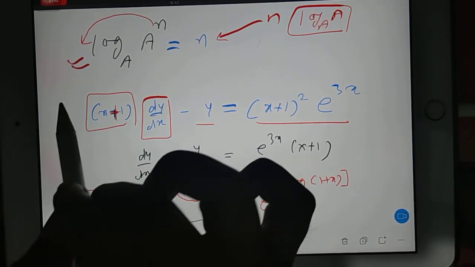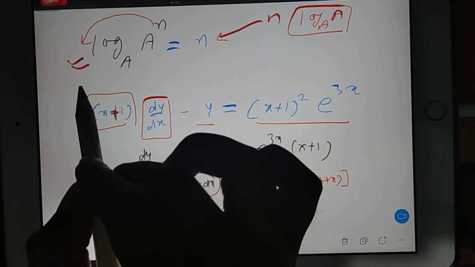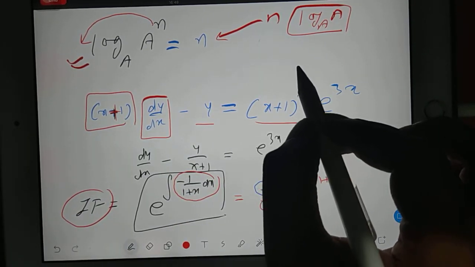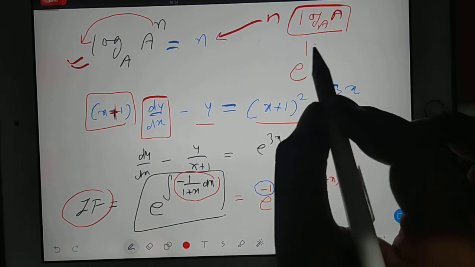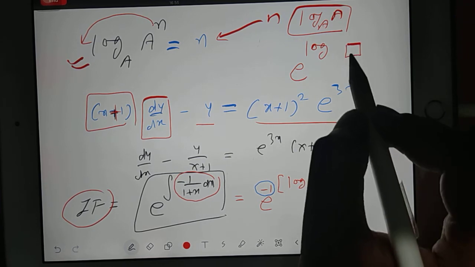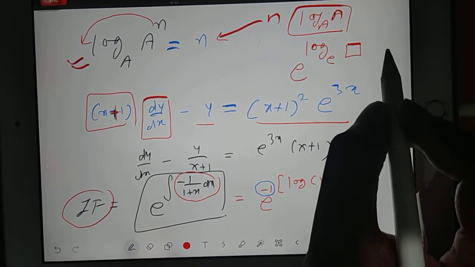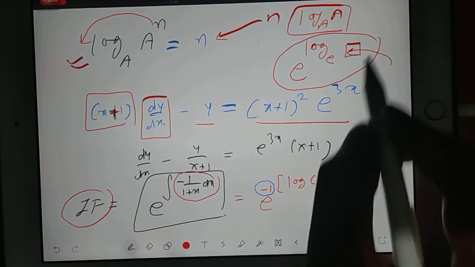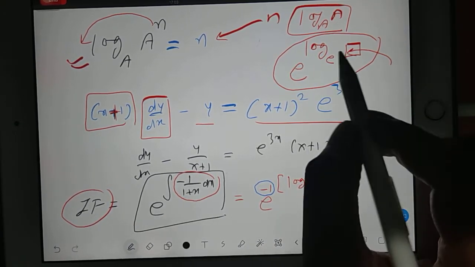We have one more log trick. Suppose you have e here and the log of any answer there. Then e to the power log of that answer will give you that answer, and this is valid for any base, not only e.